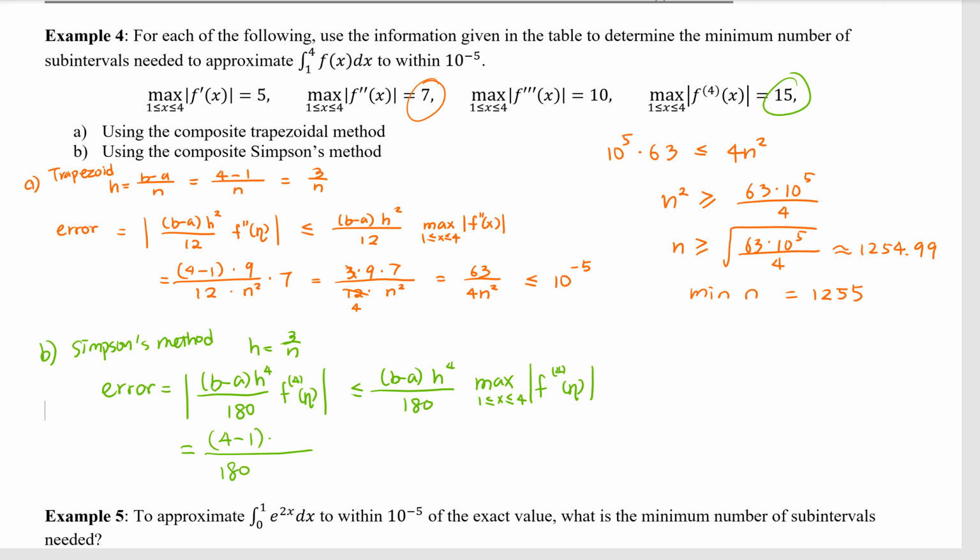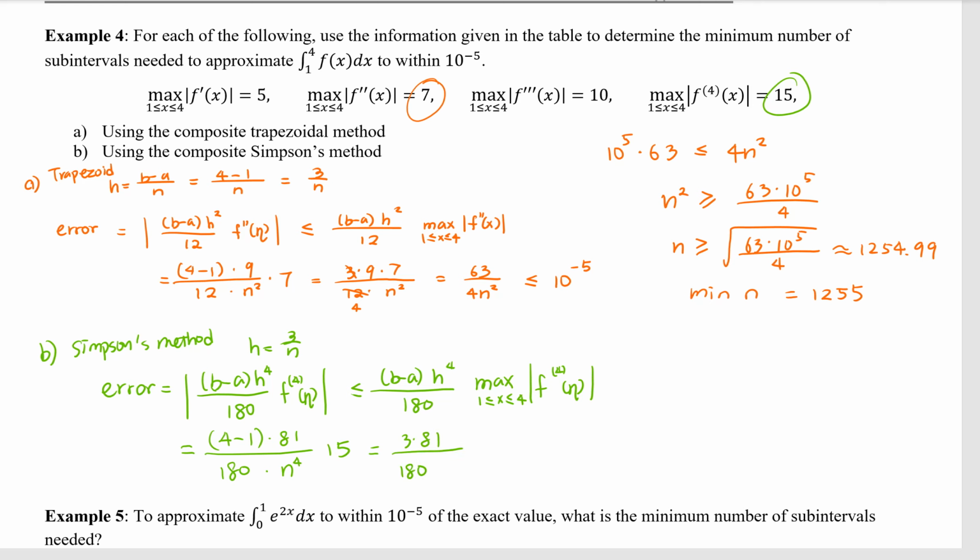So h is 3 over n. 3 to the fourth is 81. And then n to the fourth at the bottom. And the maximum bound is 15, right? Okay, what is that number? 4 minus 1 is 3. Wow. And 81.